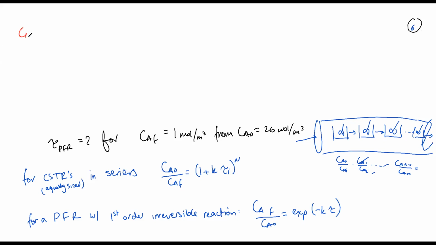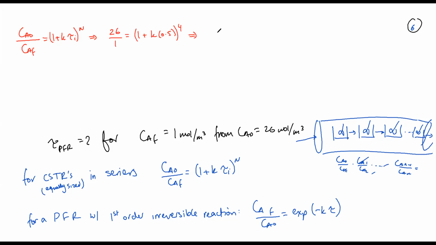So I have CA0 over CAF is equal to (1 plus K tau I) to the n. So basically CA0 was 26, CAF was 1, is equal to (1 plus K tau I) to the n. We said tau was 0.5, n was 4 because I have 4 equally sized CSTRs.